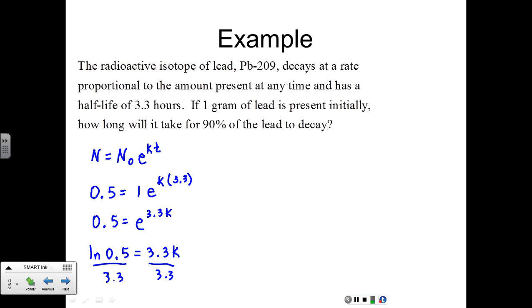If you don't get a negative, you've done something wrong. So what y'all get for k? I told y'all to take 4 decimal places, but if you take 4 decimal places, it's 0.0 and so on, so we'll just leave it like that. Okay? So here's my model. N equals N sub 0 e to the negative 0.21 t.